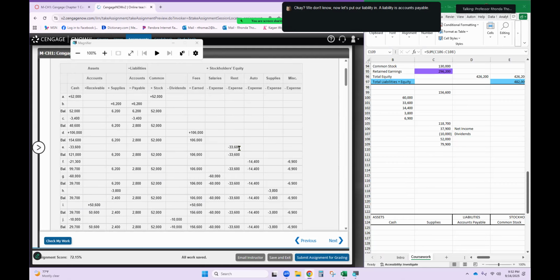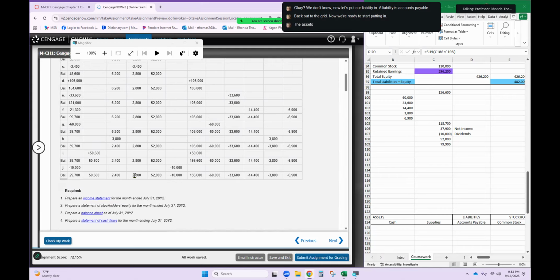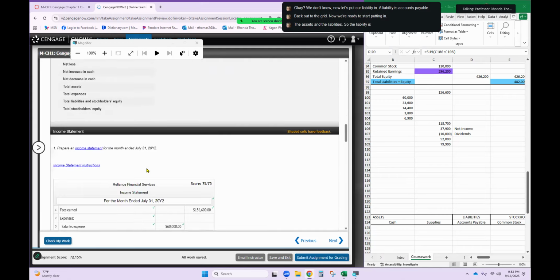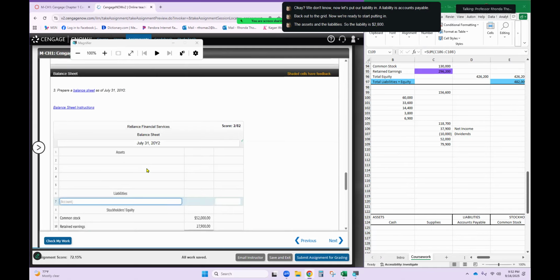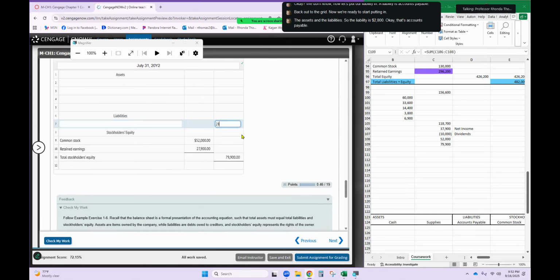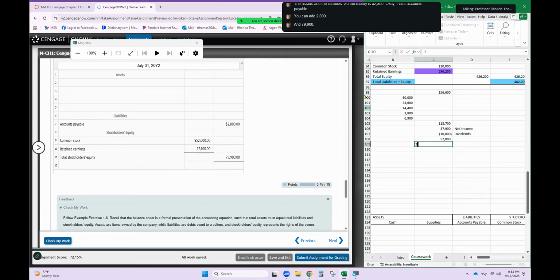Back up to the grid. Now we're ready to start putting in the assets and the liabilities. So the liability is 2,800. Okay, that's accounts payable. You can add 2,800 and 79,900 to find out what half of your balance sheet is.